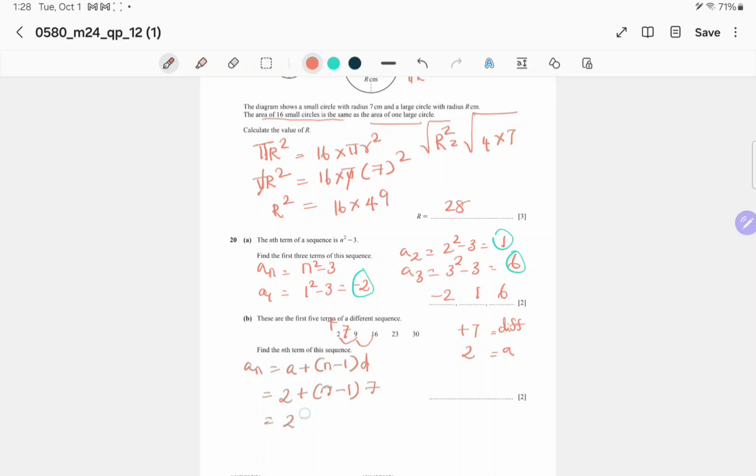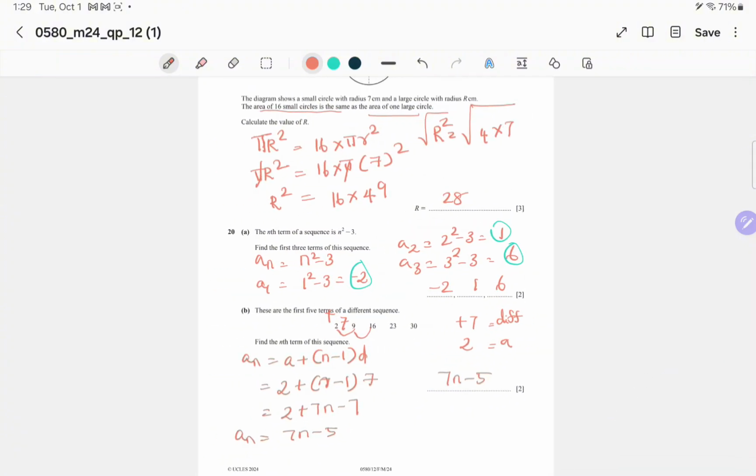So 2 plus 7n minus 7, because we are multiplying inside. 2 minus 7 is minus 5, so an is equal to 7n minus 5. So this is the answer. Okay, can we go to the next question?